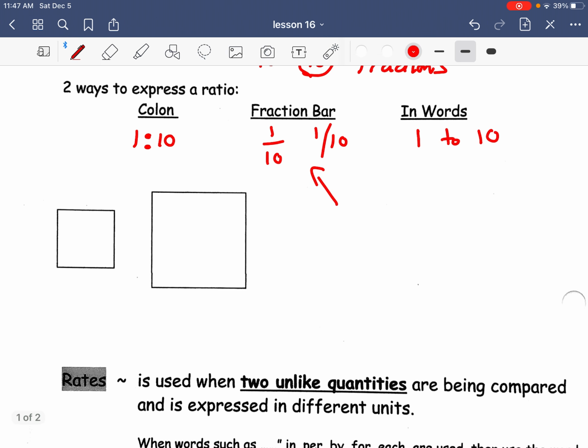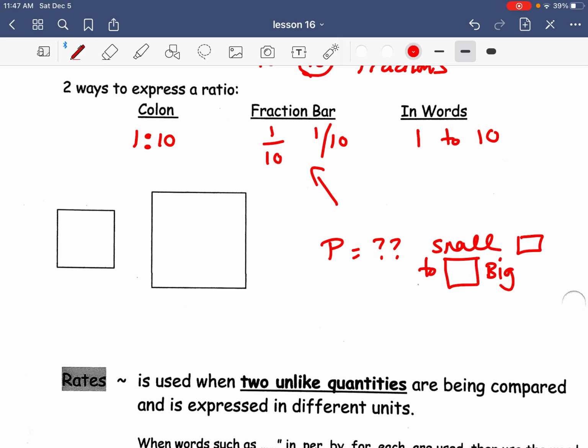So in this we're talking about comparing the perimeter of the small square compared to the big square. It's exactly what it says, in the same order.